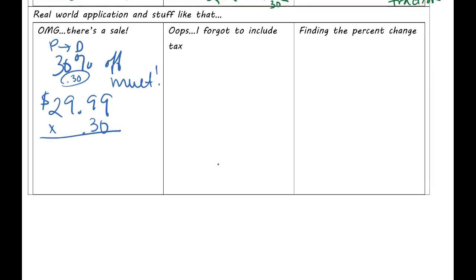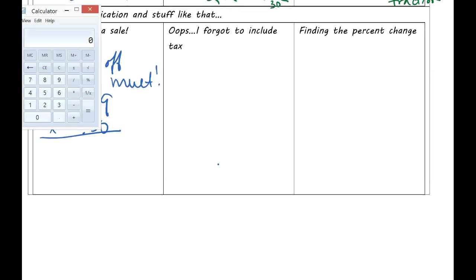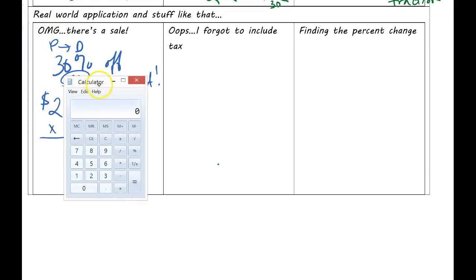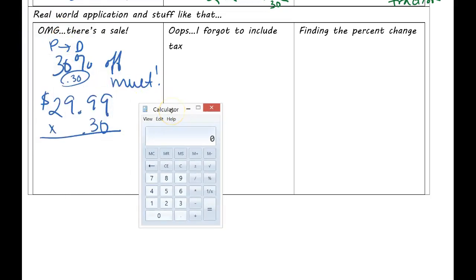Okay, so I'm going to pull up my handy dandy calculator, and I'm going to just type this in. If you've got a calculator, feel free, because we're not practicing multiplication right now. We're actually just practicing percents. Times 0.30 equals $8.997.